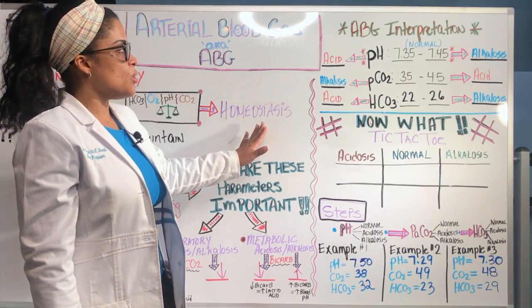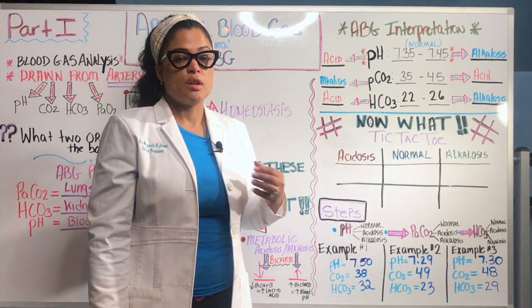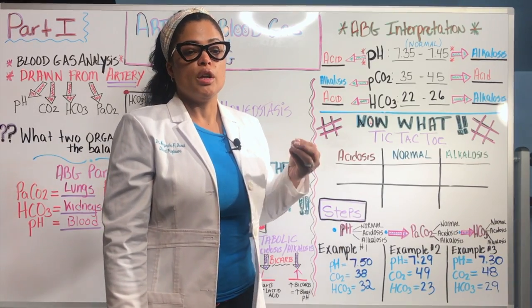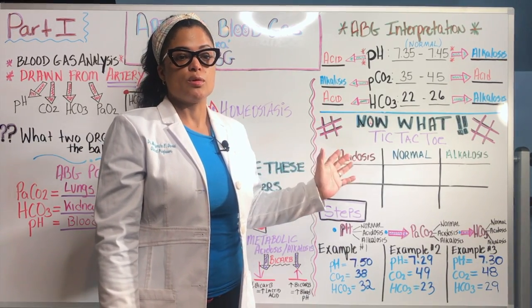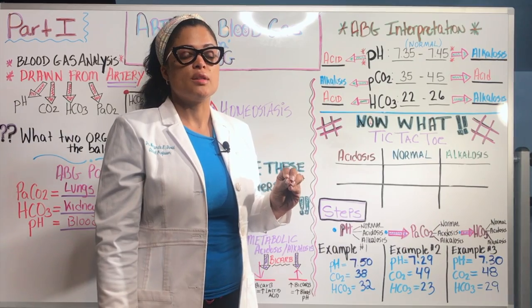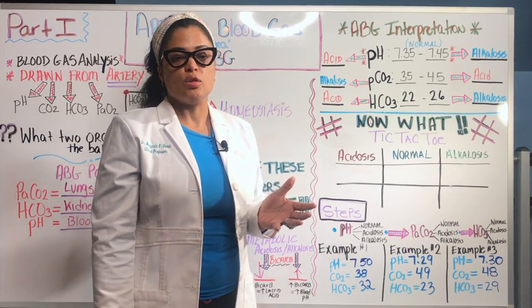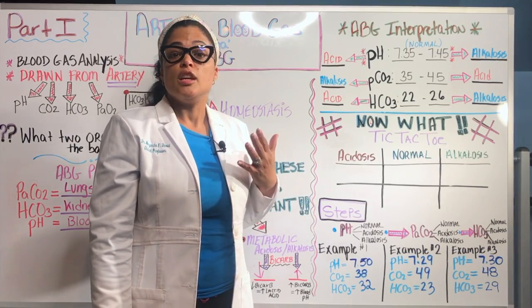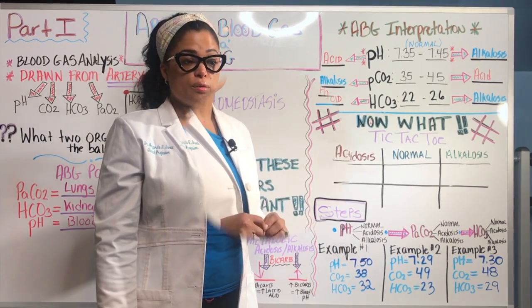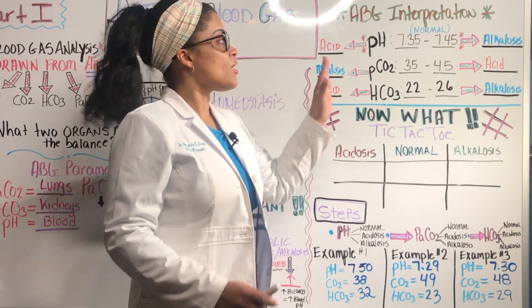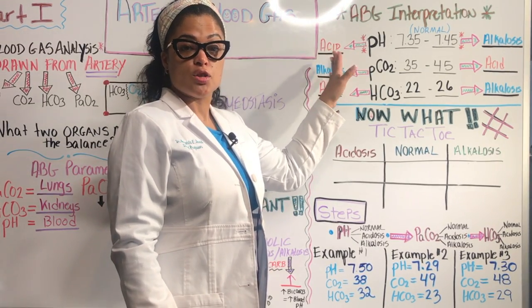Now we're going to go over ABG interpretations. The number one rule in order to understand these parameters is that you have to memorize the normals. You cannot interpret any result that you may get from your patients if you do not know the normal levels. Now we're going to go over the fun part, ABG interpretation.